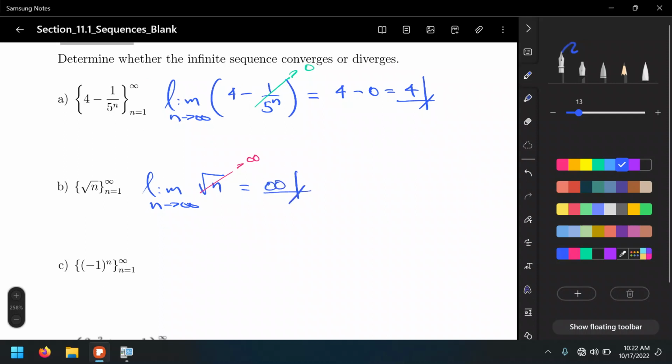And when it comes to vocabulary here, we say it converges to that value, but otherwise it diverges. So it diverges to infinity. There's no limit, in other words. It blows up to infinity.